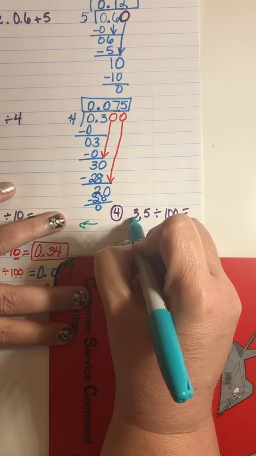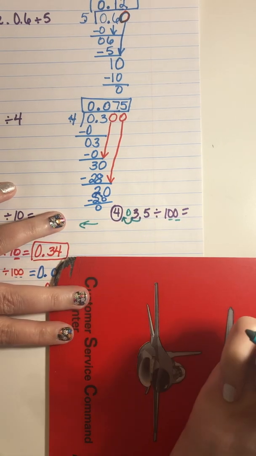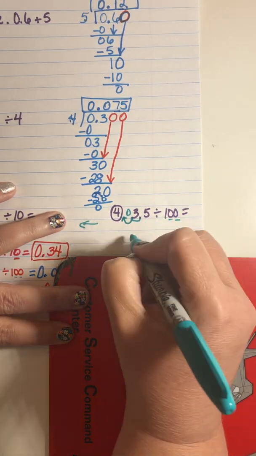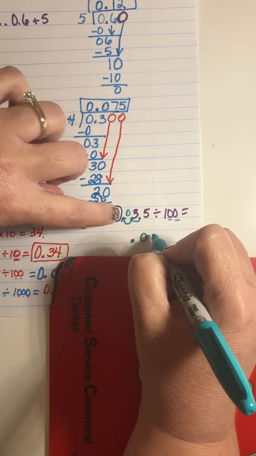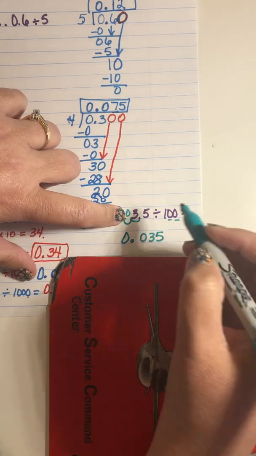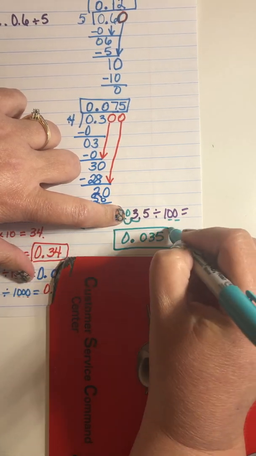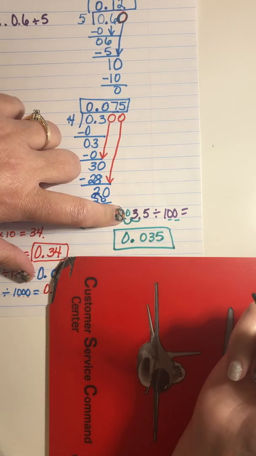So 1 jump, 2 jumps will be right here. And I fill in that 0. So I have a decimal point and then a 0, and a 3 and a 5. And I write my 0 up front because that's the proper way to write it. And my answer is 35 thousandths.